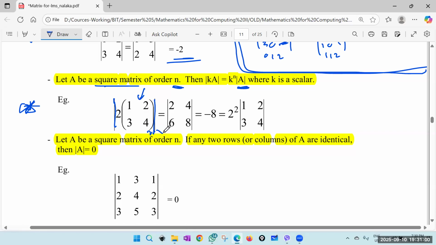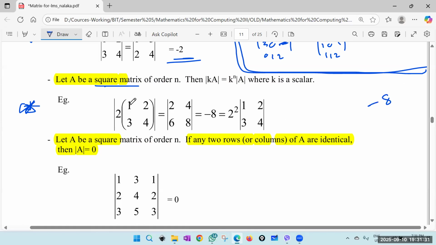Of course you can double check by yourself, and you should be able to explain why it is so. For example, if you multiply each element, 2 into 2 is 4, 6, 8, then find the determinant: 8 into 2 is 16, 16 minus 24 is minus 8.